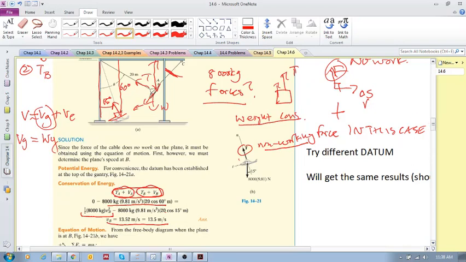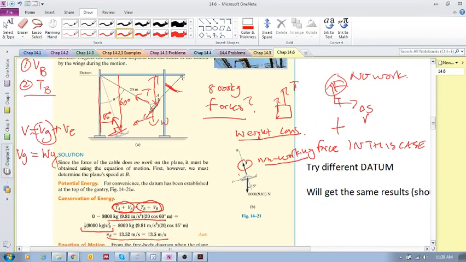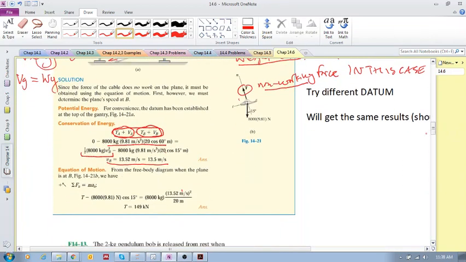Now, the second question is, what is the tension? Well, the tension should be the maximum at B, because if we look at the equations of motion using normal and tangential components, then here's our free body diagram. There's our normal direction. The sum of the forces in the normal is mass times acceleration in the normal.